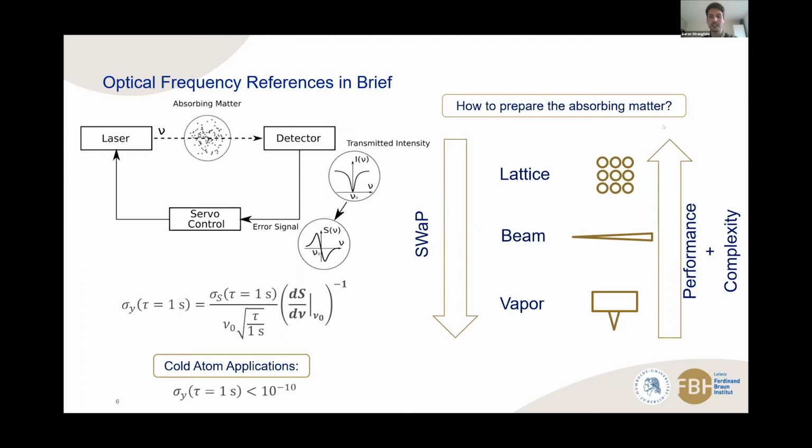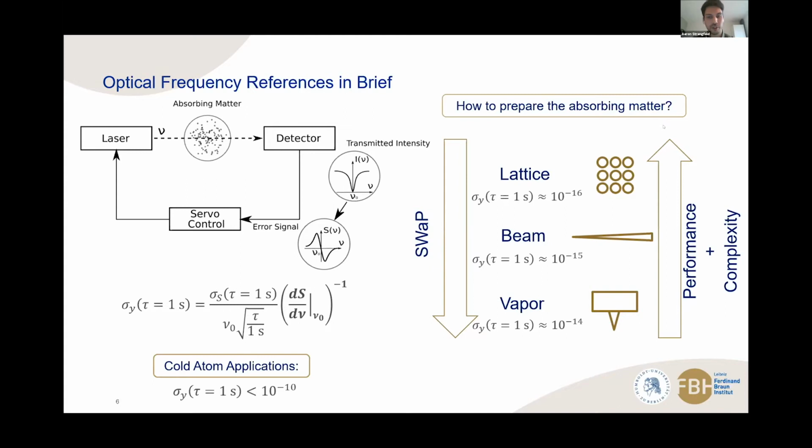Medium performance systems that are also developed in our lab are clocks or frequency references based on atomic beams. And the simplest systems, but also with the lowest performance, are vapor cell based systems. So warm vapors just encased in a glass cell.